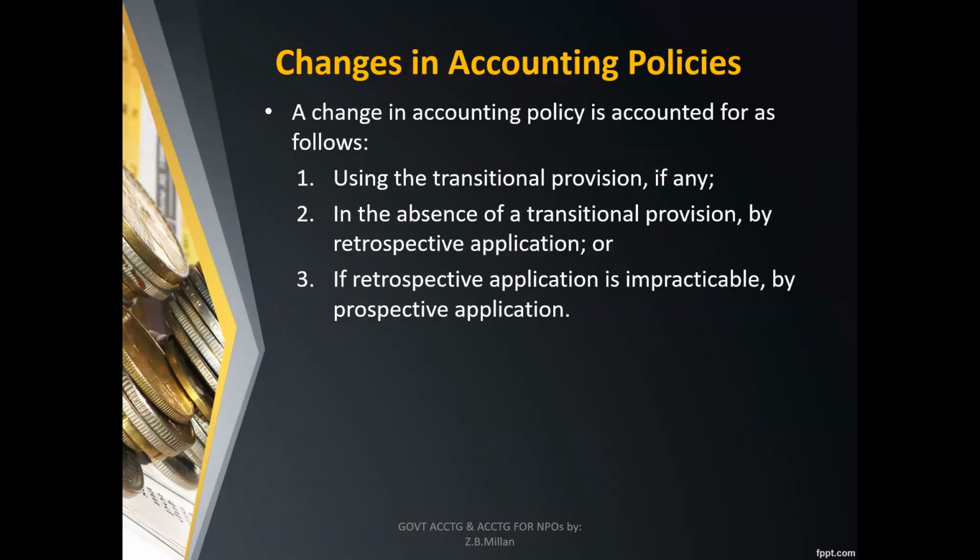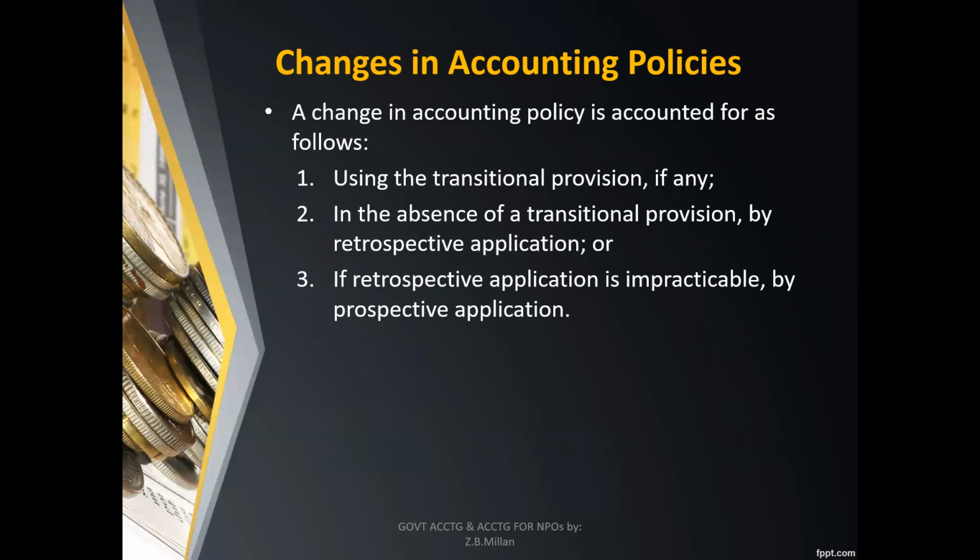And of course, as I mentioned, changes in accounting policy. So it is accounted for using a transitional provision, or in the absence of a transitional provision, retrospective application. And in the event that the retrospective application is impracticable, then you will apply prospective application.